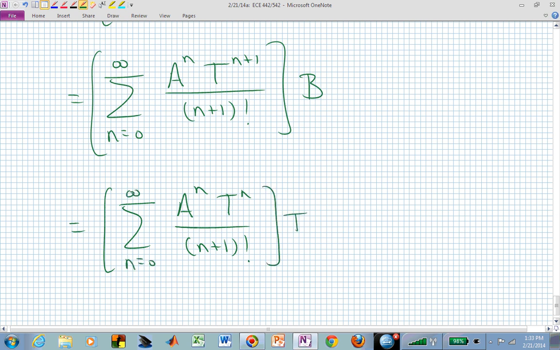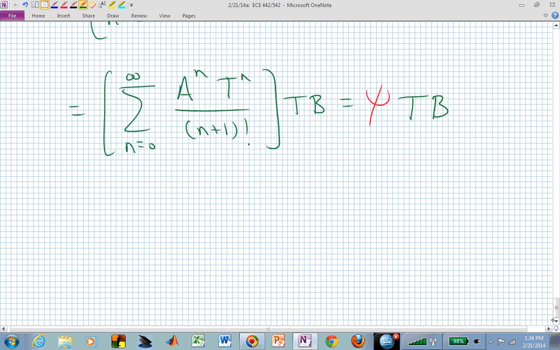I've now accounted for that n plus 1 by factoring it into a T to the n times T, all times B, and now that is what we wanted. This is now that psi times TB.